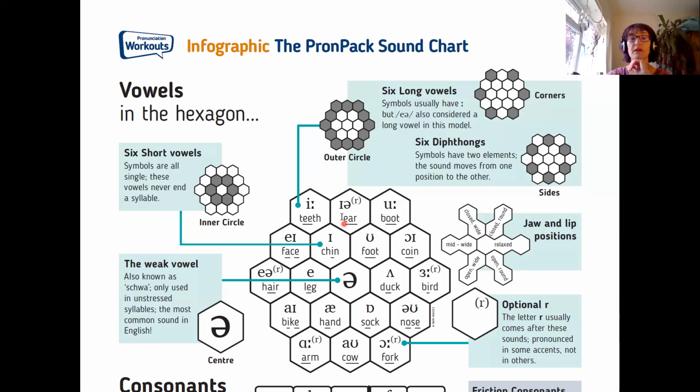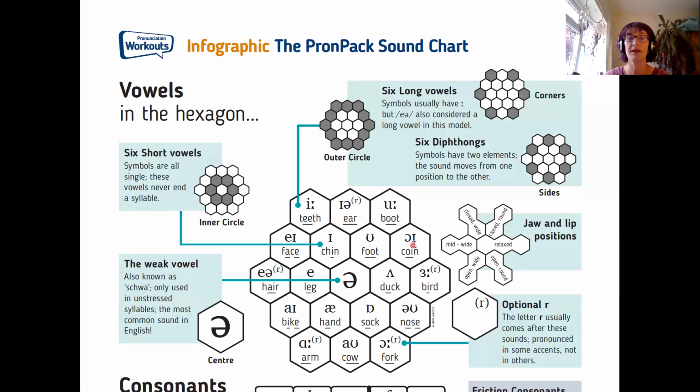Diphthongs, we've got this one and this one together. And when you have a diphthong, you've basically got two vowel sounds and you need to slide between them. So, ear, ear. This one is taken from this sound.